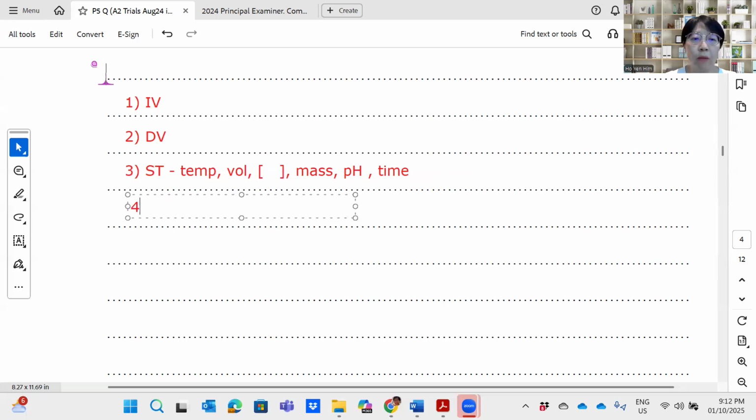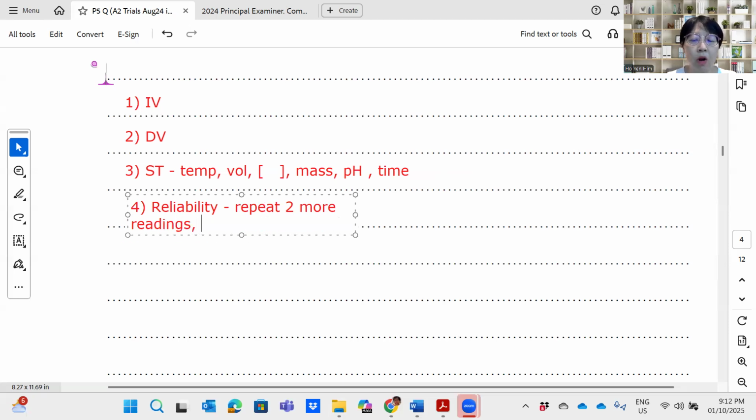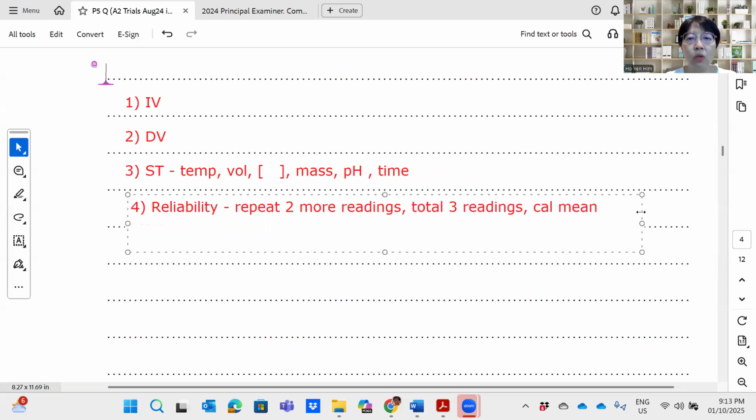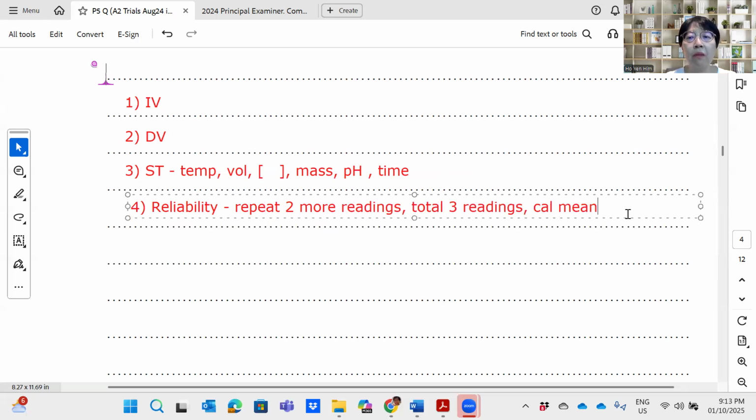Then after that, number 4 is what? Reliability. Reliability is, remember, you repeat the experiment to get 2 more readings. That means altogether a total of 3 readings. And after that, you have to calculate the mean, right? So this is to increase reliability.